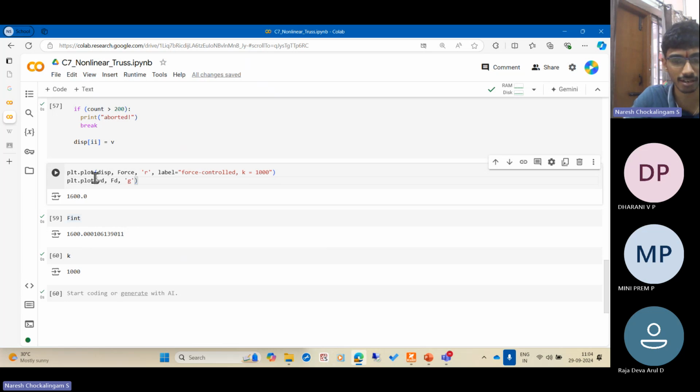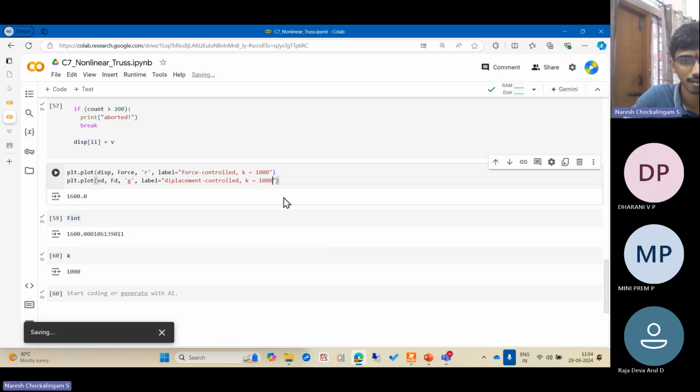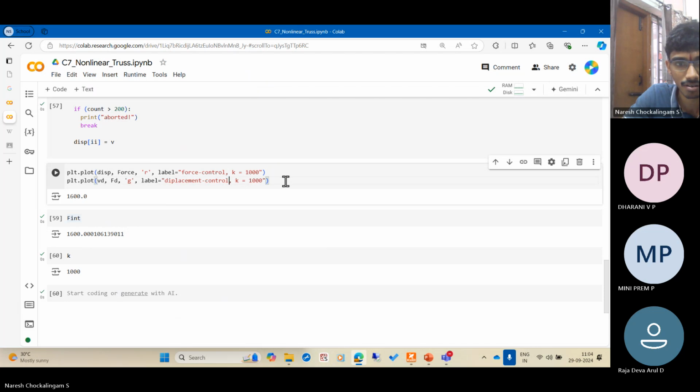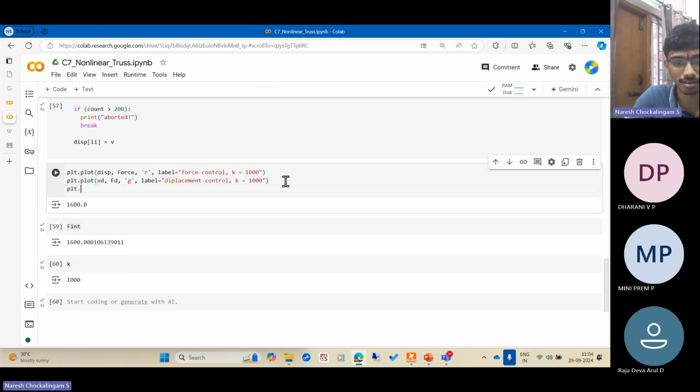This I'll plot in green and I'll label it displacement control. It's enough. And I'll say PLT dot show.